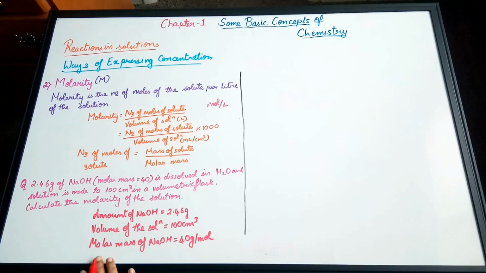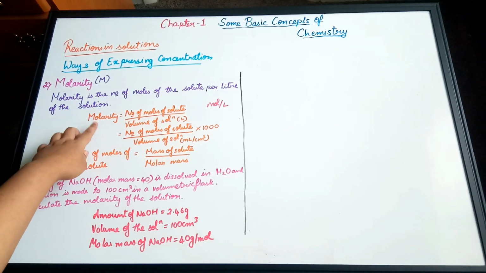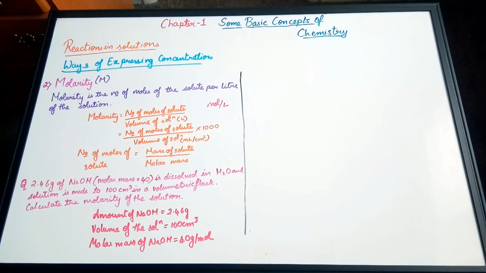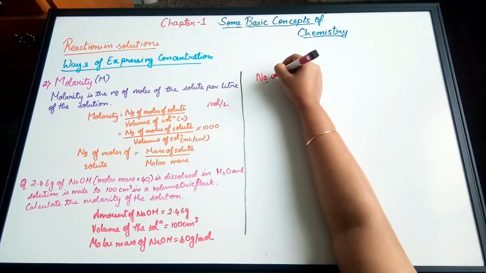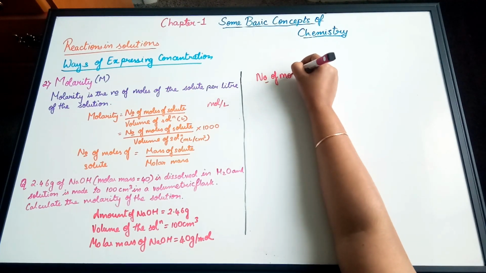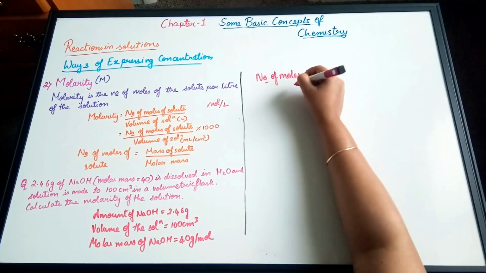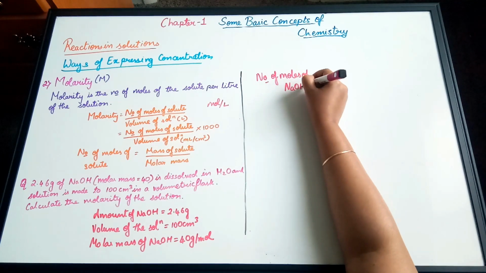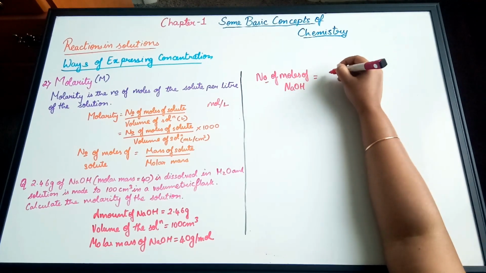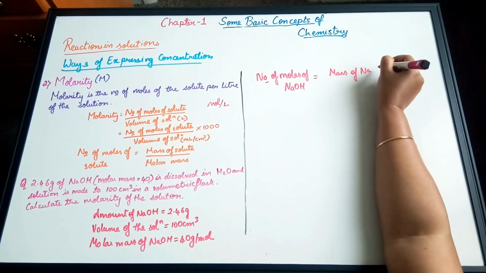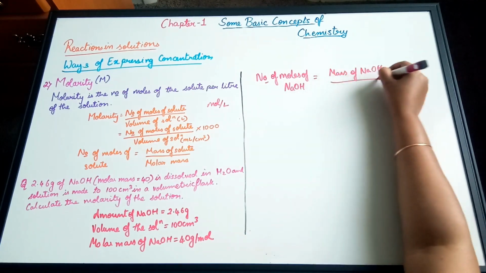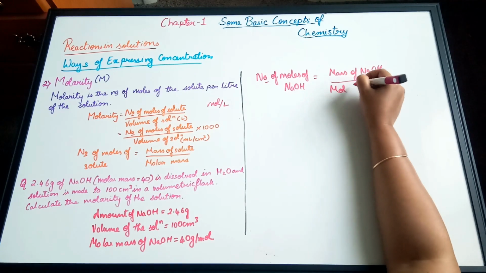So for the molarity, we need to first find out the number of moles. The number of moles of NaOH will be equal to the mass of NaOH divided by its molar mass.